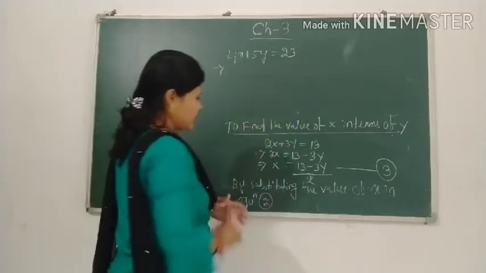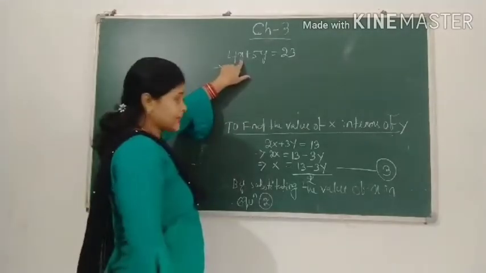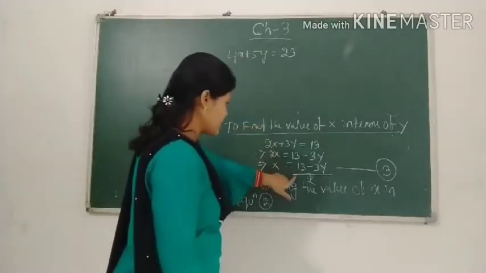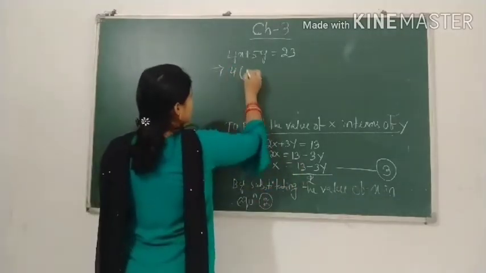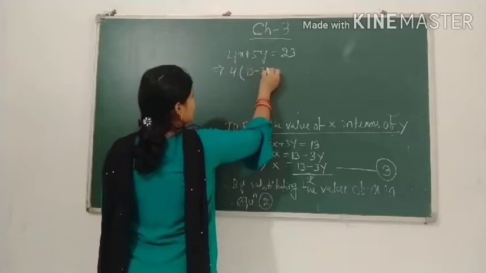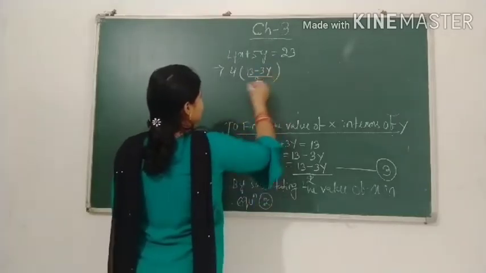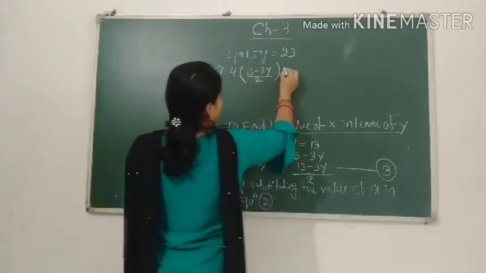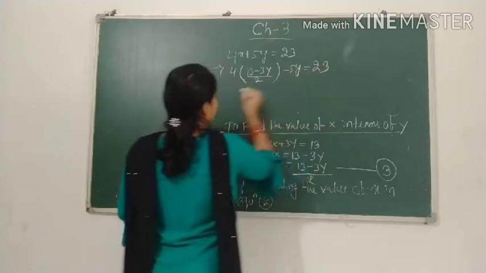In place of x, I have to write this value. So 4 into (13 minus 3y) upon 2, plus 5y is equal to 23.